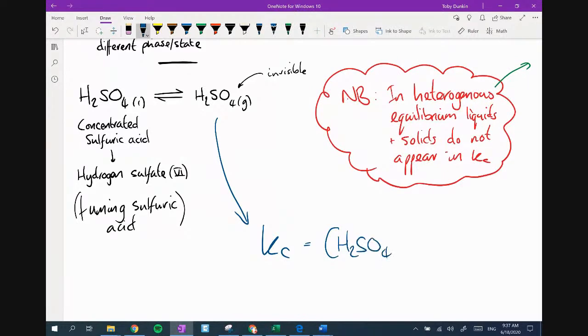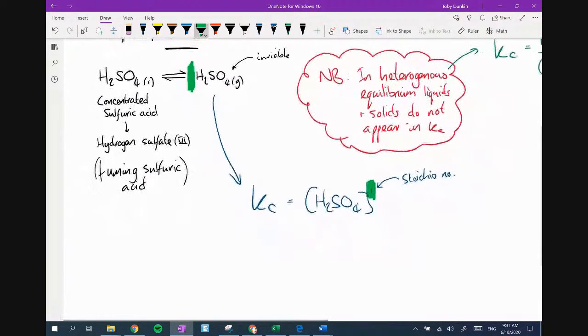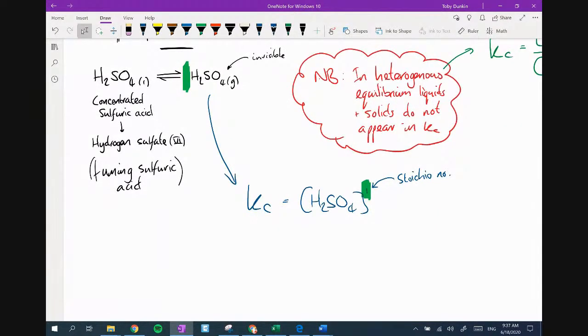I've just done it over 1 to show you that it is actually appearing. That number 1 is its stoichiometric number, the number in front of it in the equation, which is an invisible 1. So just to let you know, products over reactants, liquids and solids will not appear in a heterogeneous equilibrium.